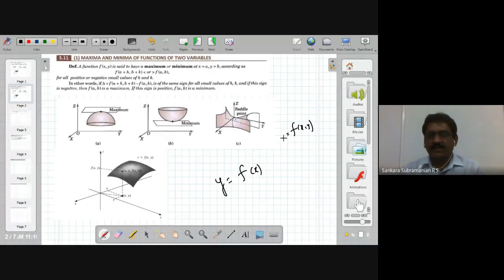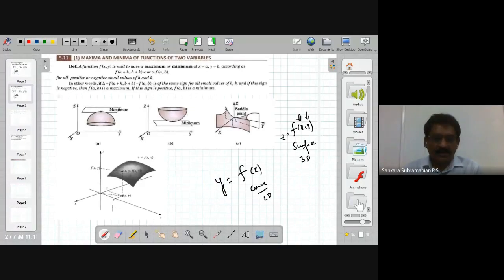This can be written in terms of z. So we know that this is a surface, and y equal to f of x is a curve in two dimensions. This can be represented in three dimensions. Here, x and y are the independent variables, wherein z is the dependent variable.